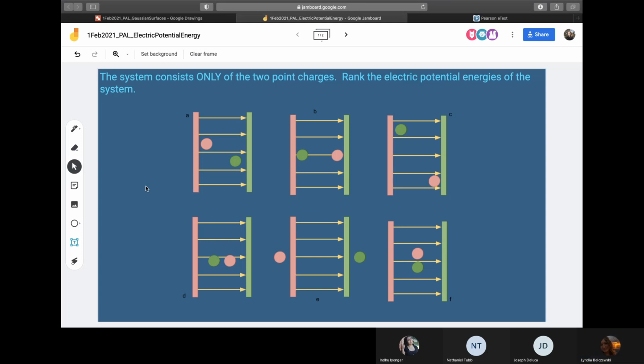So for a system of just 2 point charges, the green and the pink, just rank the potential energies in order, from smallest to biggest, so that everyone's consistent. I'll add that in the description here.